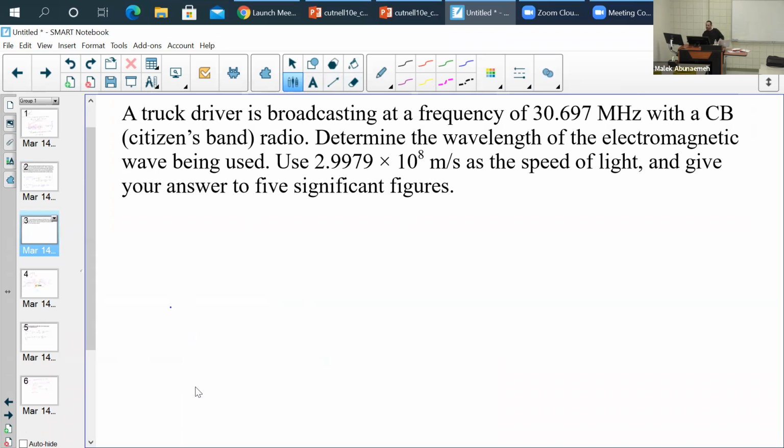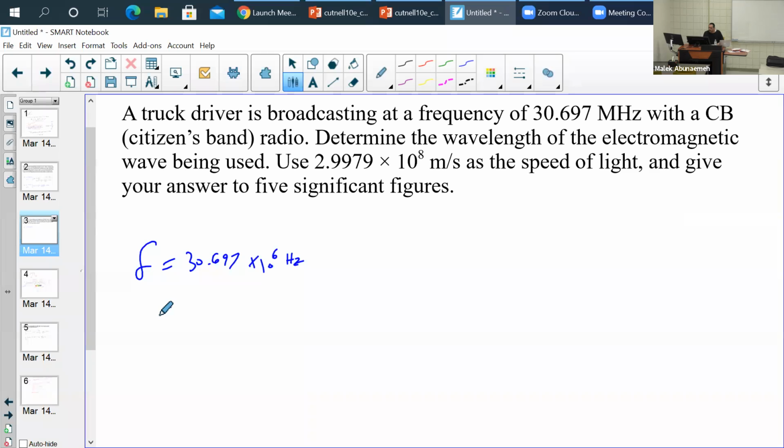Okay, a truck driver is broadcasting at a frequency of 30.697 megahertz, which actually means 30.697 times 10 to the 6 hertz.